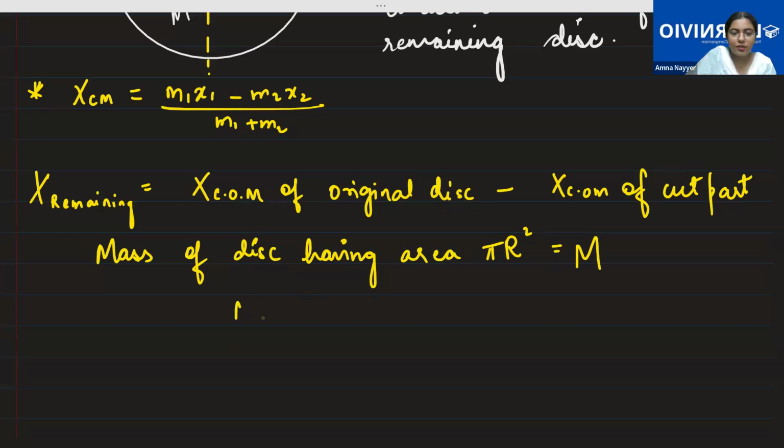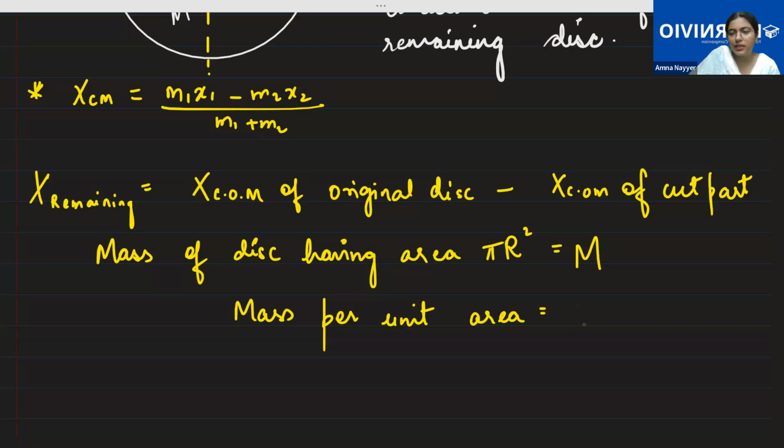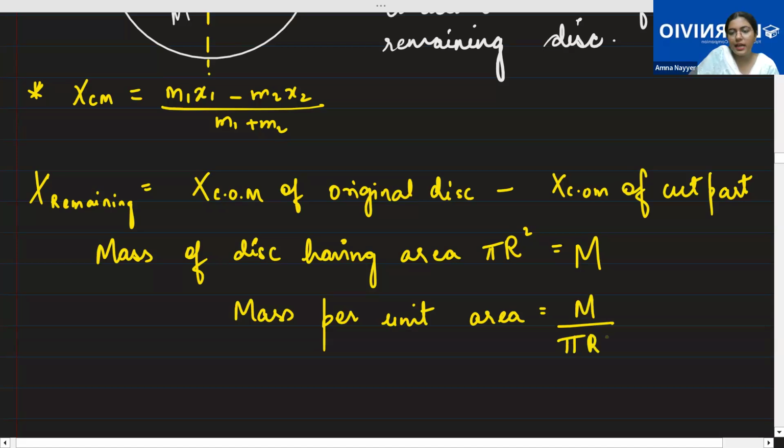So mass per unit area will be, what will it be? Mass per unit area is M by A. A is pi r square, okay? So m by pi r square.